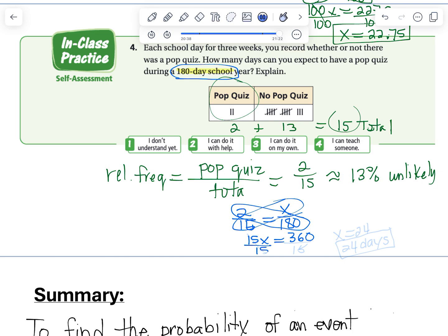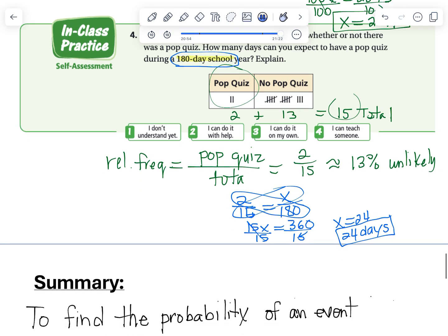Use inverse operations and divide both sides by 15. 360 divided by 15 is 24. So in the 180 days, you would expect to have a pop quiz 24 days.